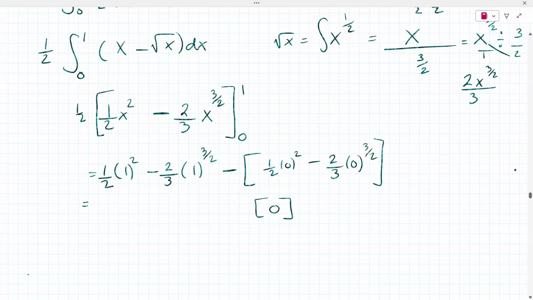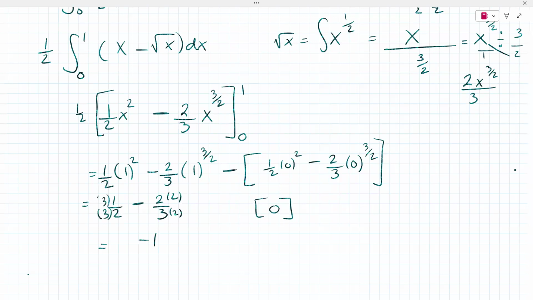1 squared times 1/2 is 1/2, minus 1 raised to 3/2 is just 1, times -2/3. What's 1/2 minus 2/3? Is it -1/3? Oh, no, it's not. You're subtracting, so you need an LCD, which is 6. So you're going to multiply this by 3 and this by 2.